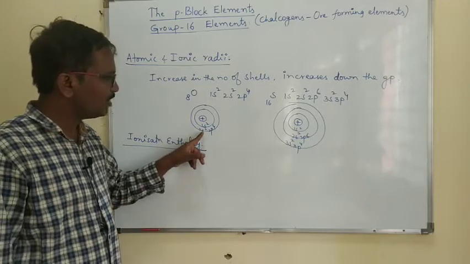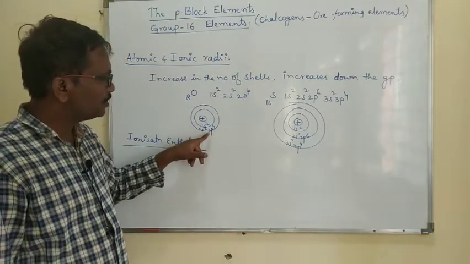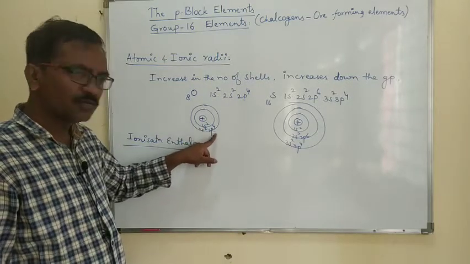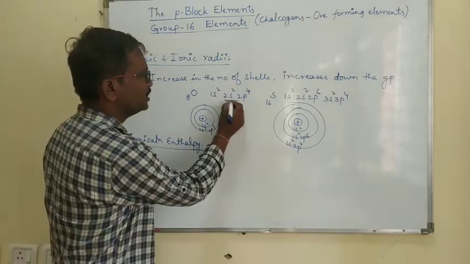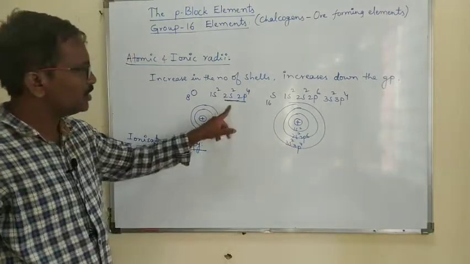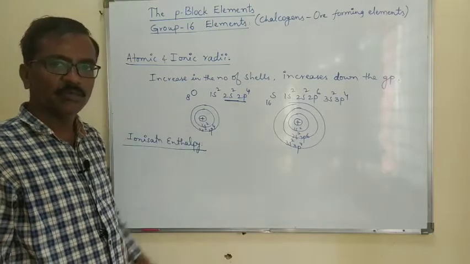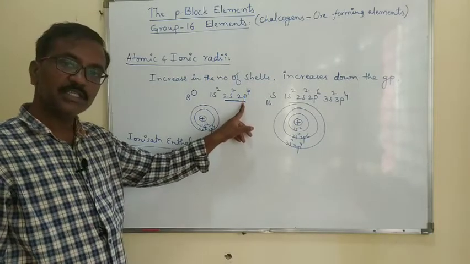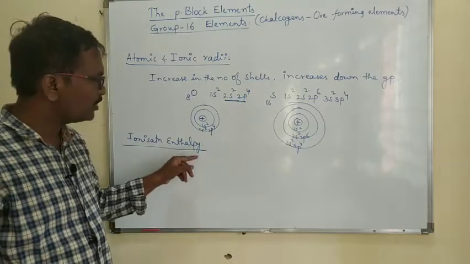Suppose you take oxygen and sulfur. You should not remove the 1s2 electron; you have to remove the outermost electron, either an s electron or a p electron, so you remove the p electron. How much energy is required to remove that p electron is known as ionization enthalpy.